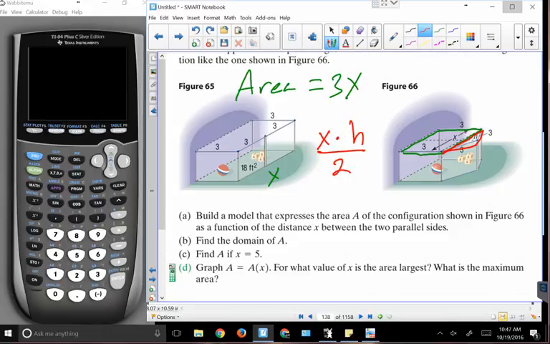So now, do we have an idea of how to create the area of this thing? Well, if x is 6, the height would have to be 0, would it not?